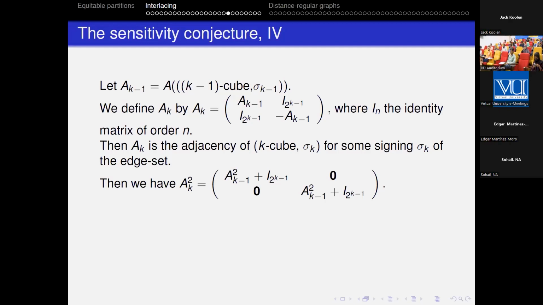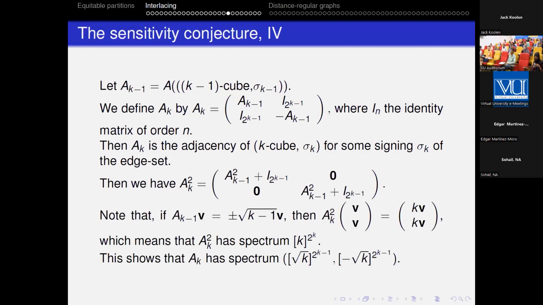But then we know the spectrum of this matrix, because all the eigenvalues of A_{k-1} are either square root of k-1 or minus square root of k-1. So if we take (v, v) for such an eigenvector v, then we get k times (v, v). So (v, v) is an eigenvector with eigenvalue k.